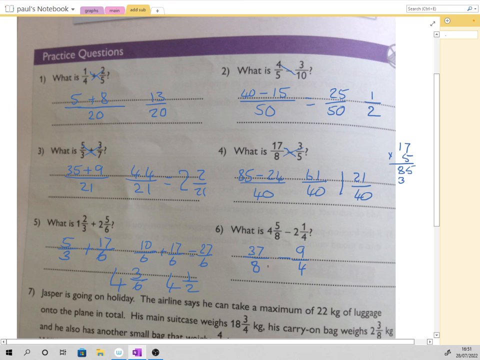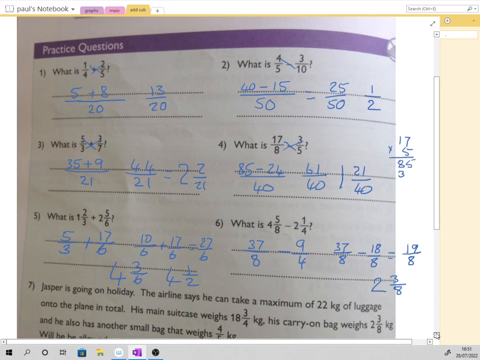It will work out, but I'll just double this. So I've got 37 over 8 minus 18 over 8. And 37 take away 18 is 19 over 8, and 8s into 19 go twice with 3 left over.